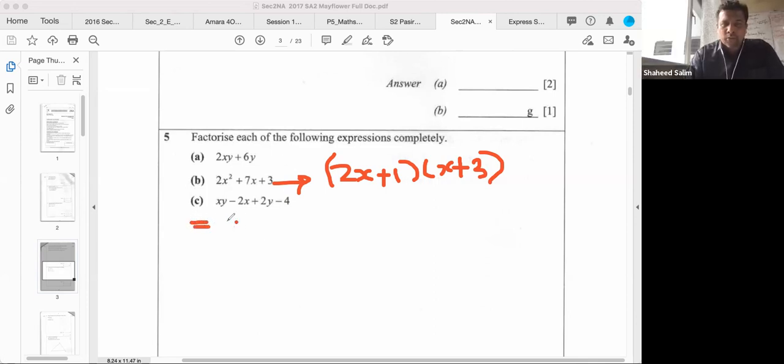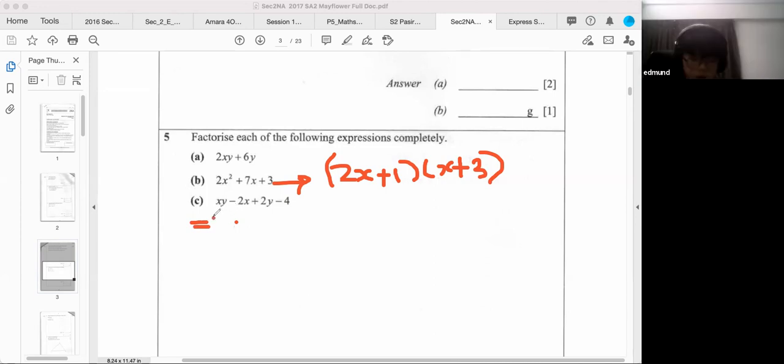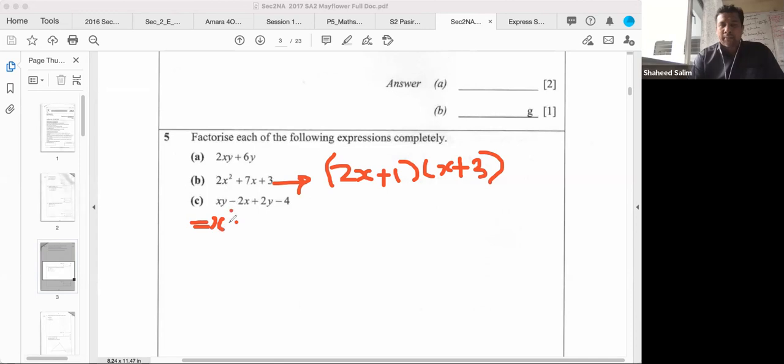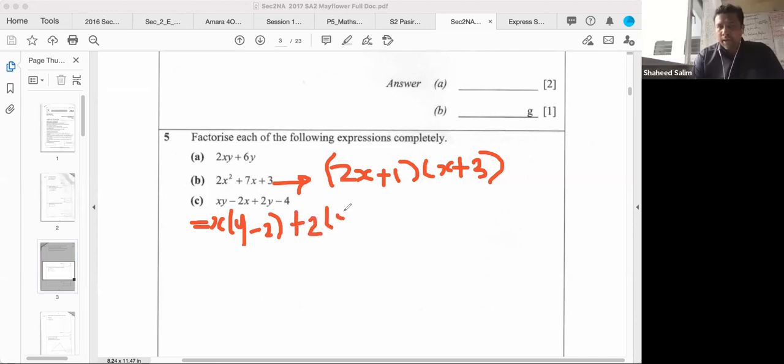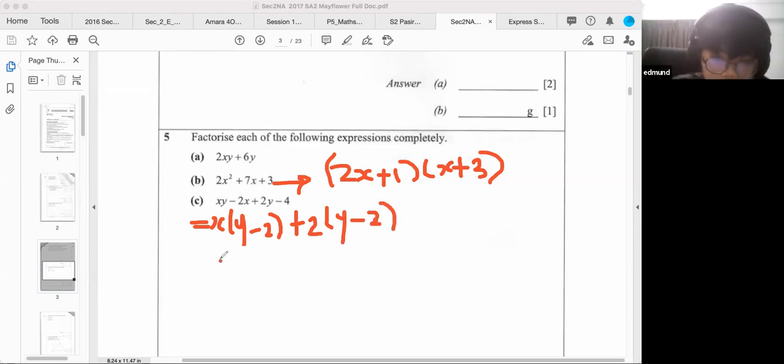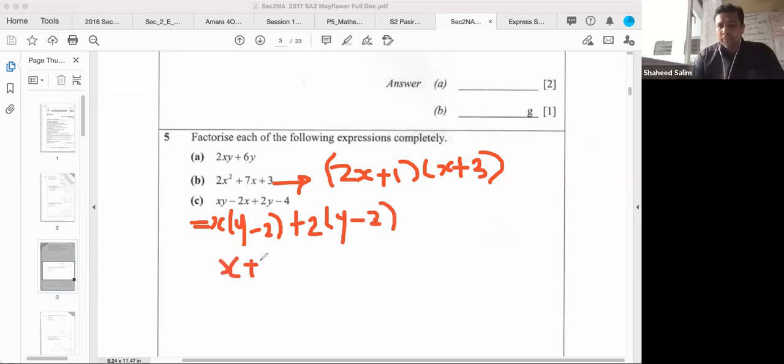Your final, I think, is x plus 2 only. Okay, first with x, we take out x, right? So this is y minus 2. Correct? Then plus 2 y minus 2. Do you do this? And then x plus 2 you take out, but don't forget to put the y minus 2 here. Must put like that.